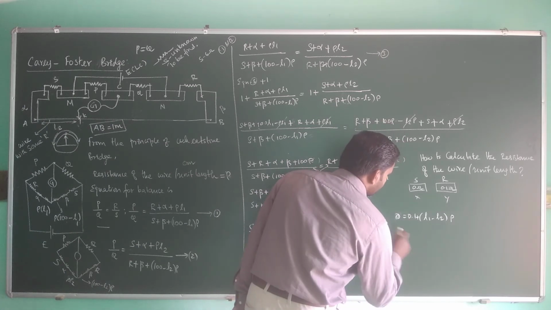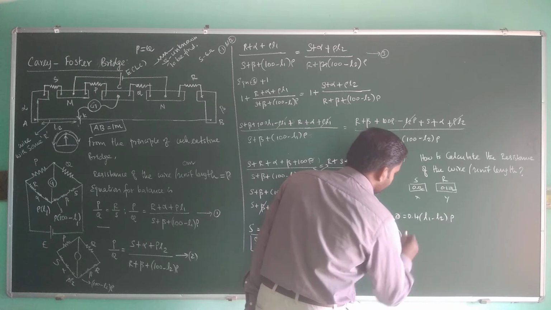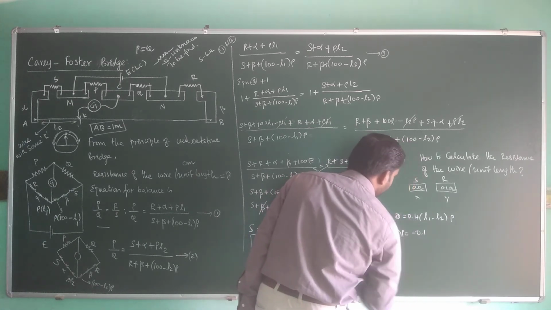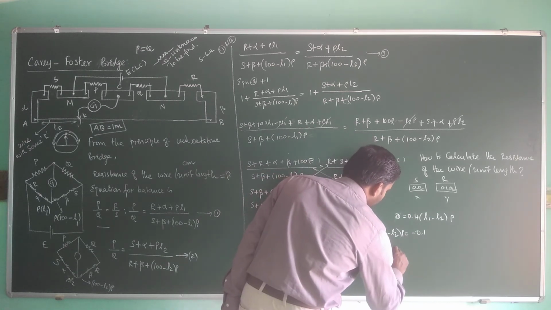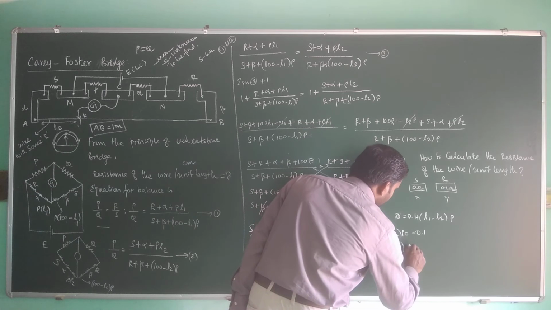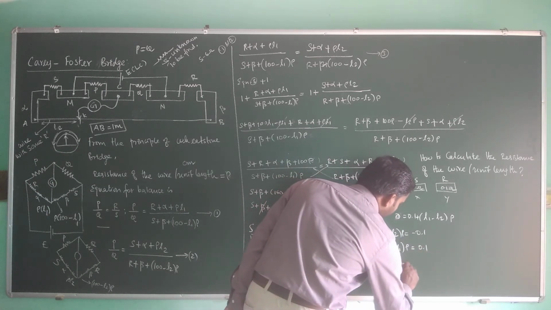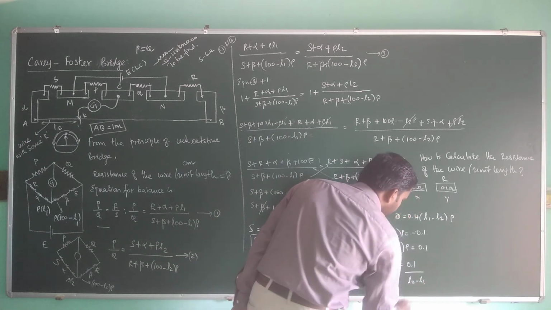In this case we can write (L1 minus L2) rho is equal to minus 0.1, or you can write minus (L2 minus L1) rho which is equal to 0.1, or if you want rho you can write rho equals 0.1 divided by (L2 minus L1).